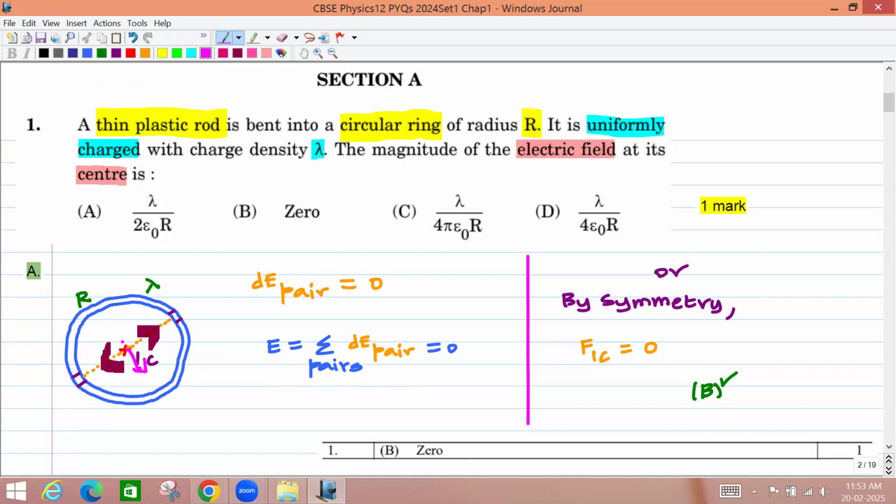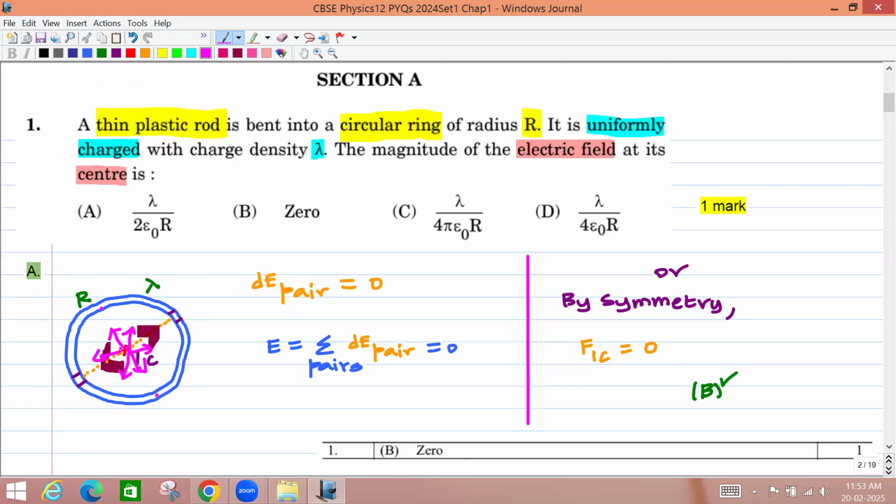The element here will get repelled in this direction. The element here will create a force in this direction. Similarly, there will be a force in this direction, and the diametrically opposite elements will create a force in this direction. So all the forces will look like this. So they will cancel. The net force acting on 1 coulomb will be 0.